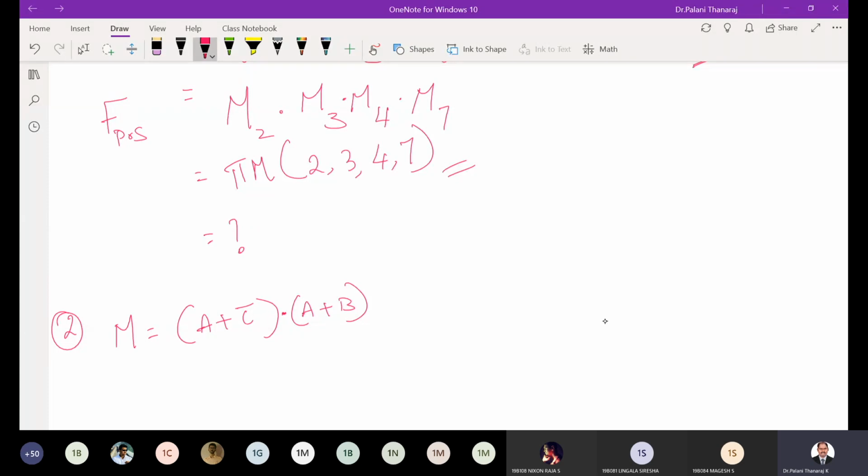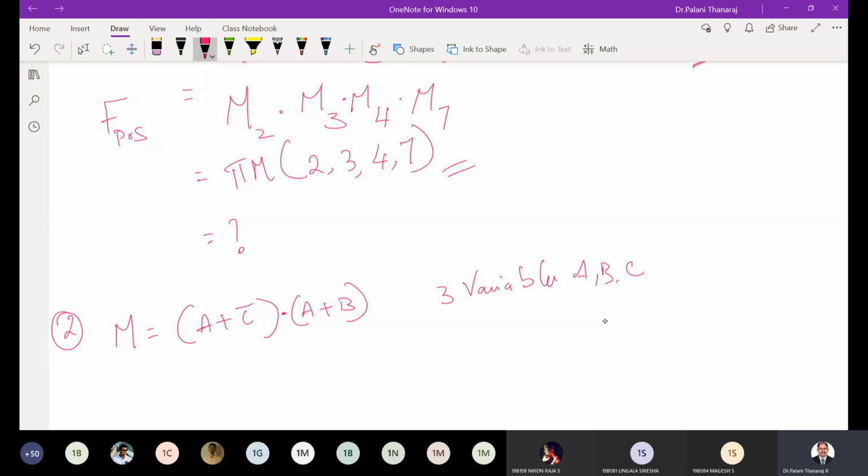So let me first analyze the circuit. Whenever a question is given, try to analyze what variables are there, how they are present, how they are related, everything you have to analyze. So how many variables are there? 3 variables, A, B and C. Now my next thing is I have to check whether each sum term is a max term.